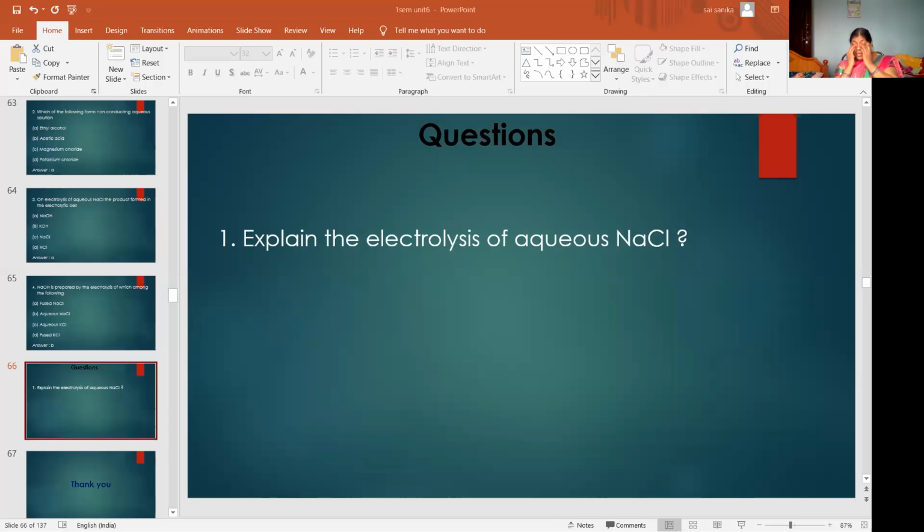You have to describe it like that. The remaining ions in the solution, Na+ and OH- ions, will combine and form sodium hydroxide as a byproduct.